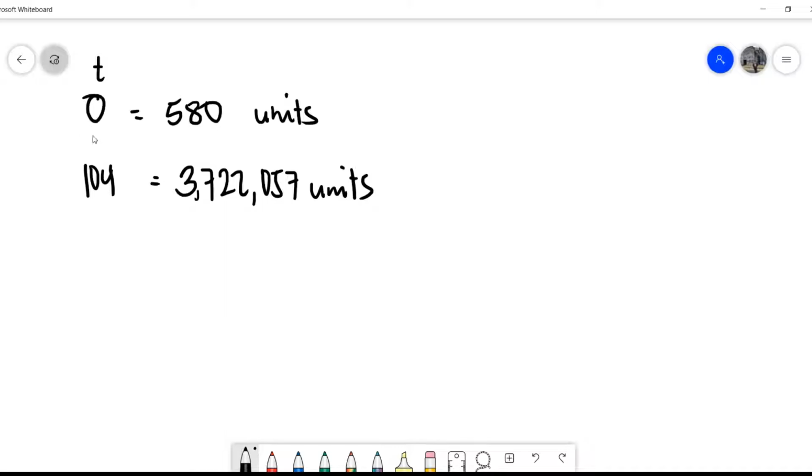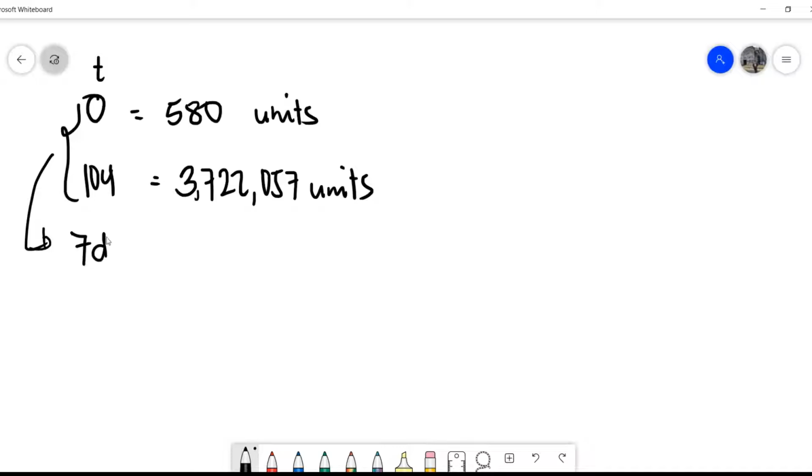And we want to find the data in between these two given points. So for example, at this given point, we want to find the data at t 79.